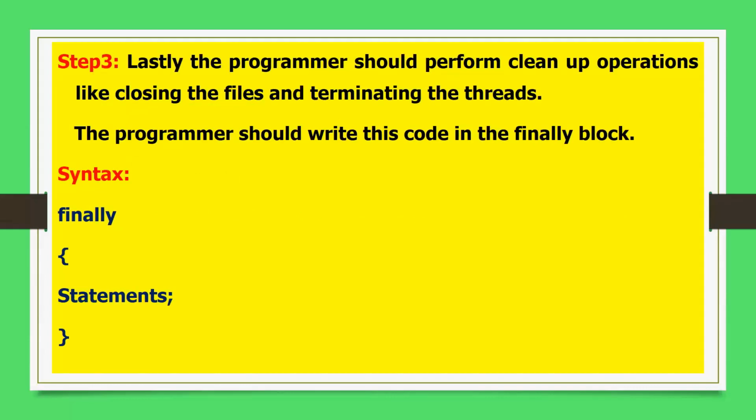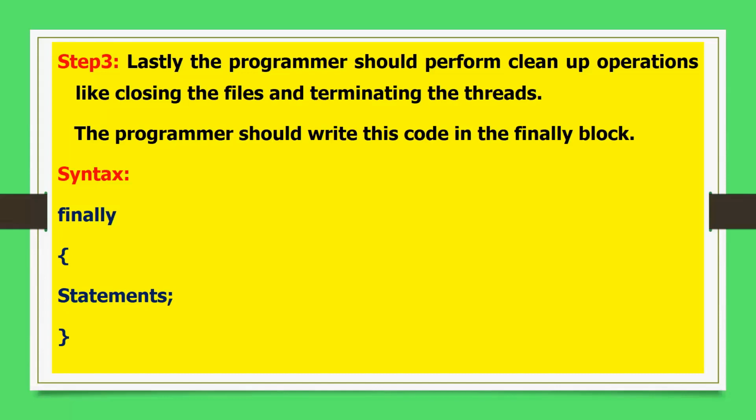Next, step 3. Lastly, the programmer should perform cleanup operations like closing the files and terminating the threads. The programmer should write this code in the finally block. So you can see the syntax. Finally, open bracket, statements and close bracket.